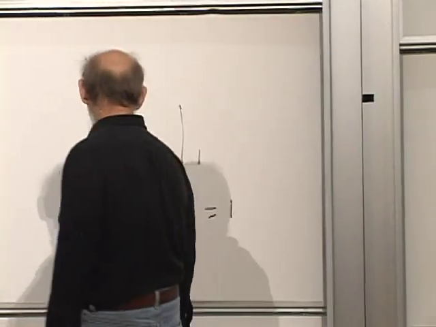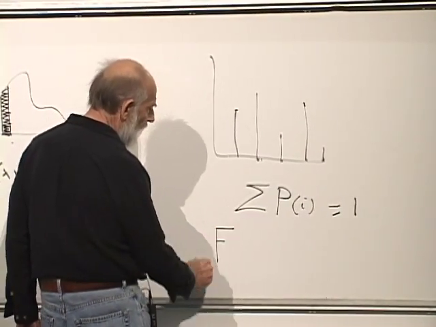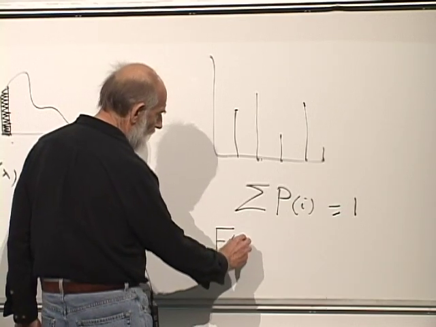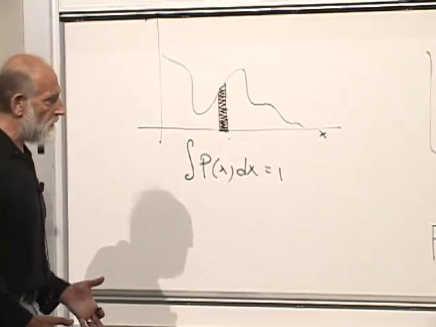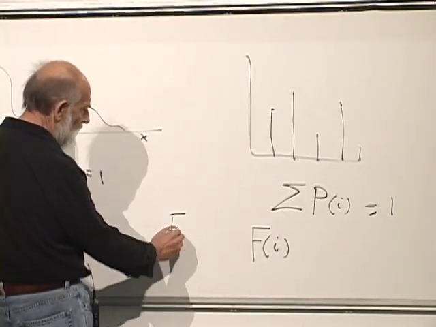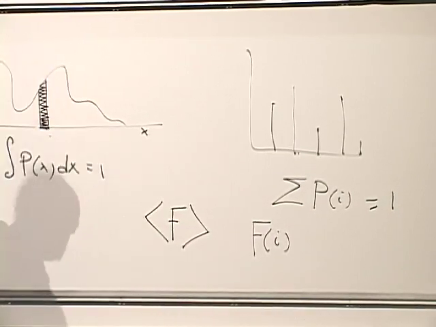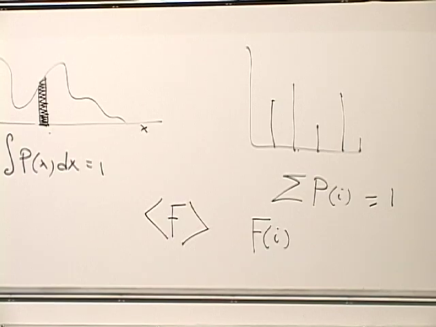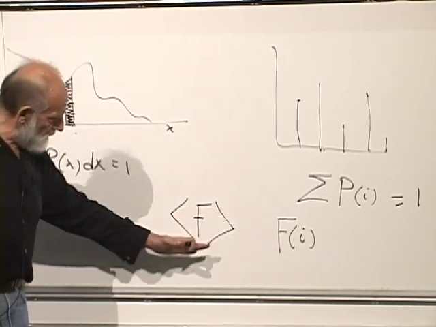What do we call that? Let's call the quantity, the property, f. And f also depends on I. If you know the state of the system, then you know f. What is the average value of f? We'll label the average value of f by the standard notation for averages, standard physicist notation, a bracket around it.